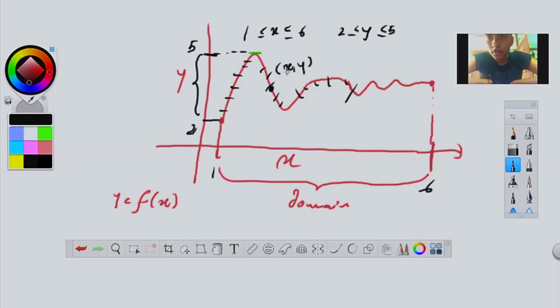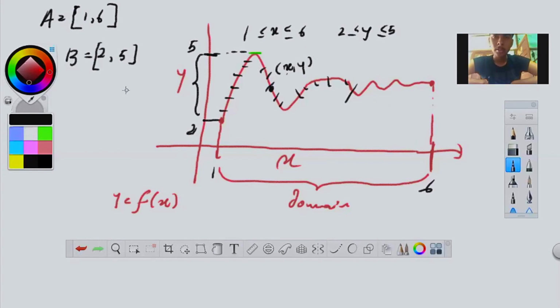So the coordinates are a subset of the Cartesian product of two sets. Let A equals 1 to 6, an interval, and B equals 2 to 5, right?